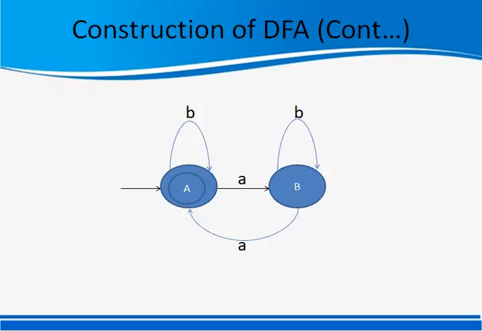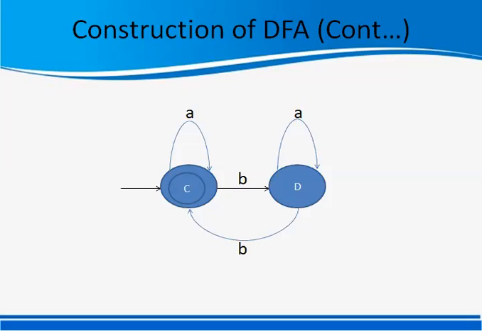Now we will construct two different DFAs. First, to accept the strings having the number of a's even, and second, the number of b's even, and then we will combine both the DFAs. So this was our first DFA and this was our second DFA.